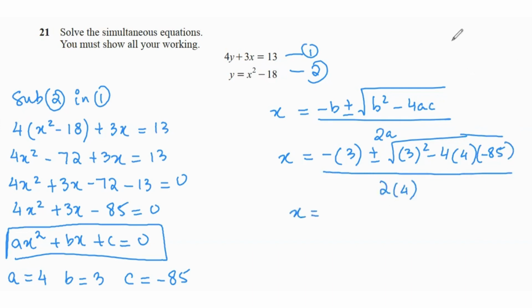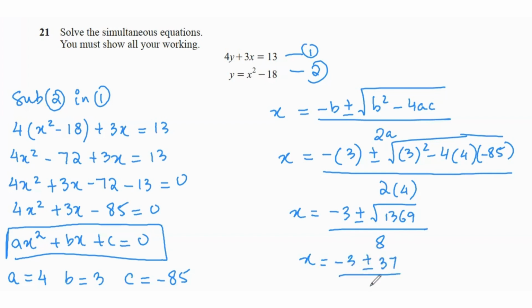So when you solve the terms inside the root, what you should get is 1,369. Over 8, and that is minus 3 plus minus 37 over 8. Now you can see that there's a plus minus between negative 3 and 37. That means we'll split the fraction into two fractions.